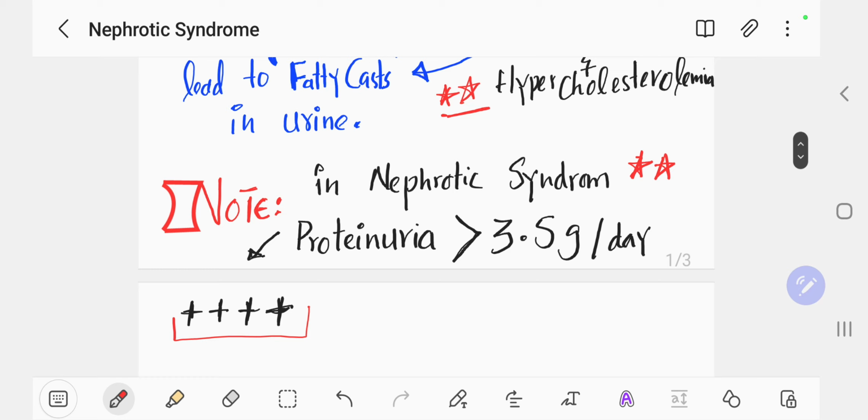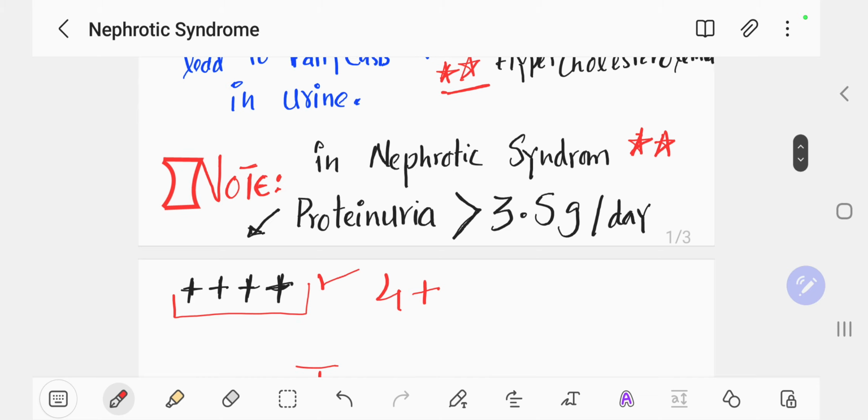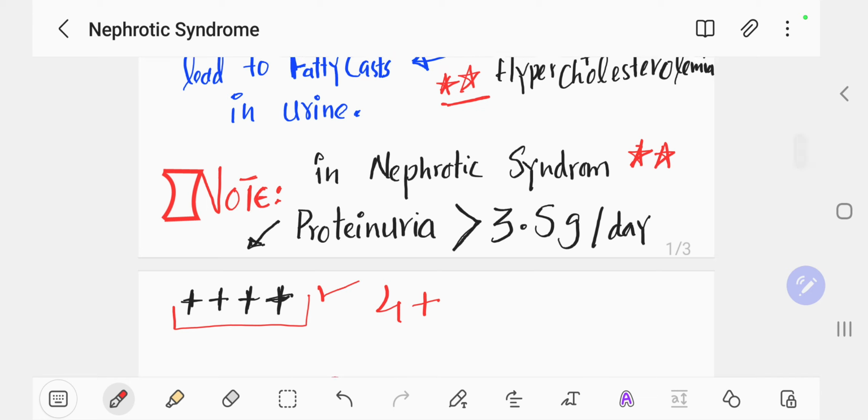Sometimes in scenario-type questions they write it in that form, 4 plus, or simply write plus 4 plus. So it is greater than 3.5 grams. So this is the most important.